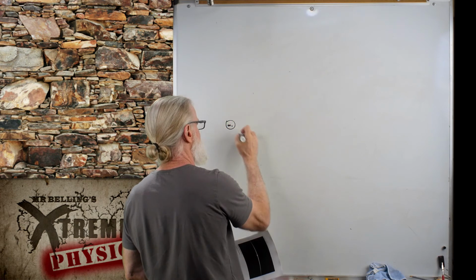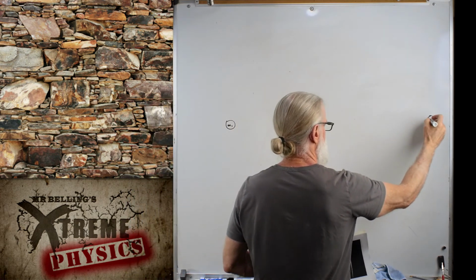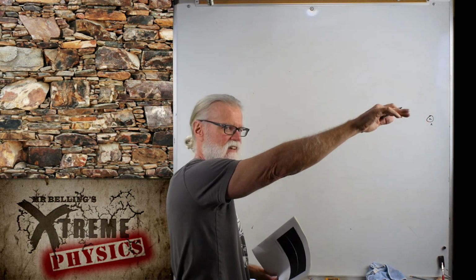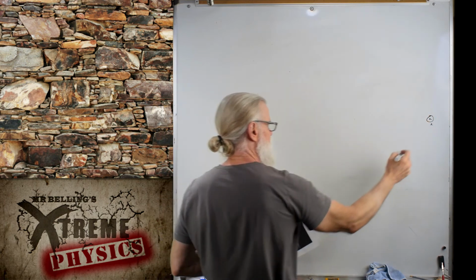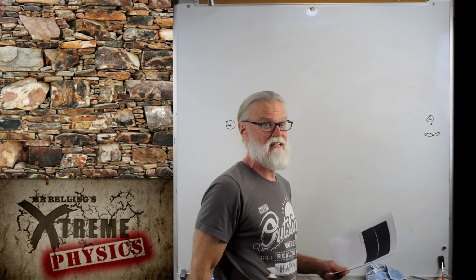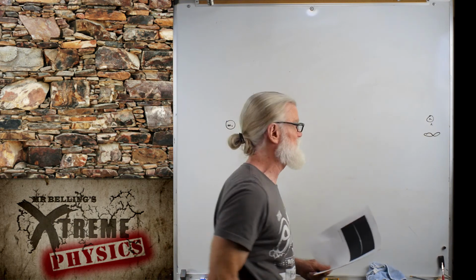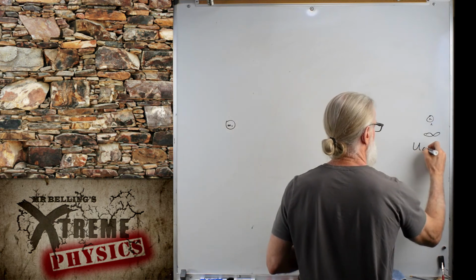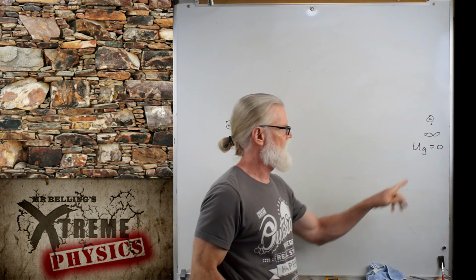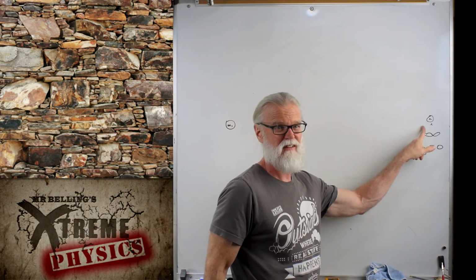So we got two masses, M1 and M2. And when M2 is at infinity, we say, here's infinity out here. I know it's not quite infinity, but it's as infinite as I can get on this board. I'm going to say U_G equals 0. Gravitational potential energy is 0 at position infinity.